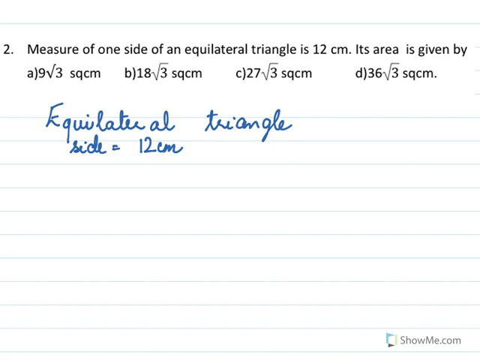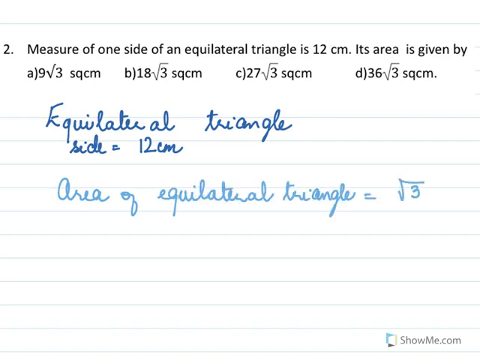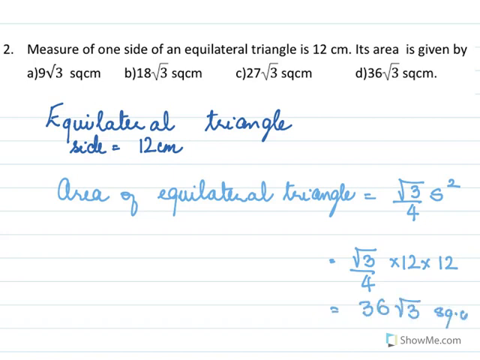Now, the formula for the area of an equilateral triangle is √3/4 side square, which means it is √3/4 into 12 into 12, and the answer is 36√3 square centimeters. So the right option is D.